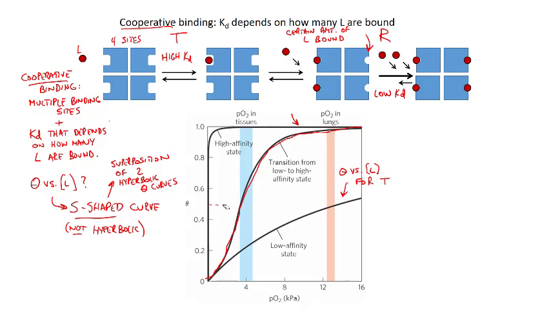And notice that it's going to have a very high KD. And then this curve, which is so steep that you can barely see it, this is the theta versus L concentration curve for the R structure. And its KD is so close to 0 you can't even really see it.